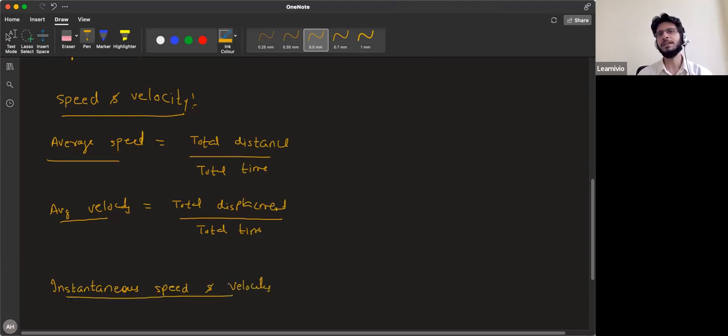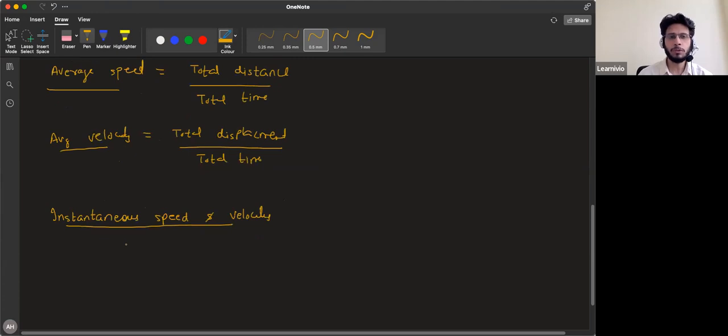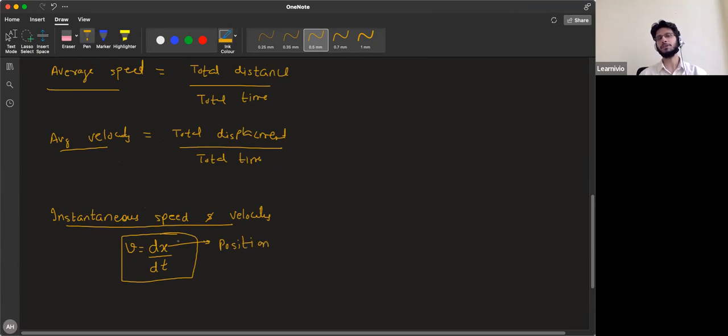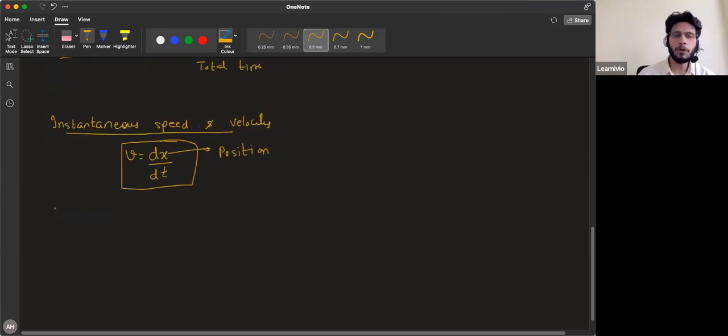For instantaneous speed and velocity, the same relation for both speed and velocity is the derivative. Instead of dividing, you are differentiating position with respect to time. This is position. So if you are differentiating your position with respect to time, then the velocity is known as instantaneous velocity. Instantaneous speed is the same thing.